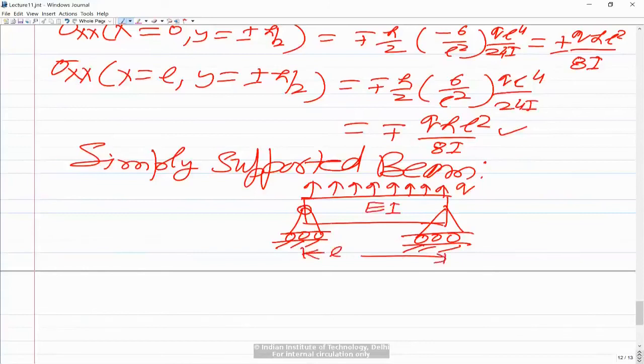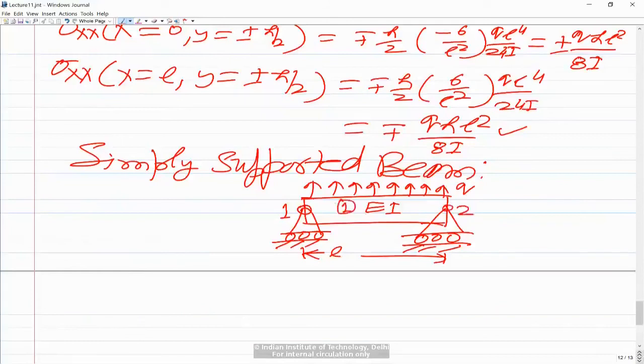So earlier for the fixed beam, I had said that a single element solution will give you V everywhere equal to 0, so it will give you a trivial solution. But in this case, because the slopes are allowed at left and right nodes, suppose you discretize this using only one element, that is global node number 1, global node number 2, and the element number as 1.